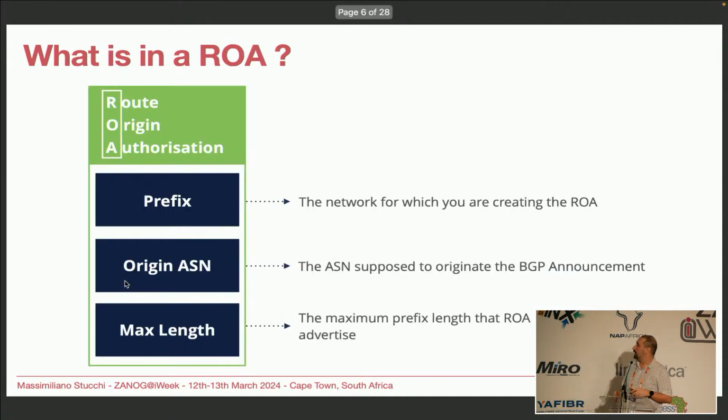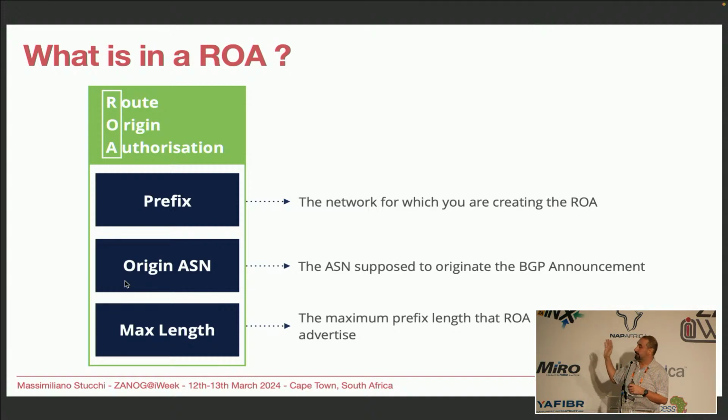So we have ROAs that are objects like route and route6 objects. I like to call them route objects on steroids because they have a little bit more information. That's the max length. I would like to tell you that it was named after me, but no, it wasn't. I didn't participate in designing this.